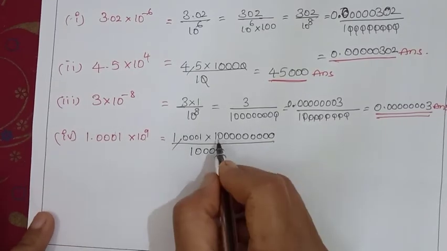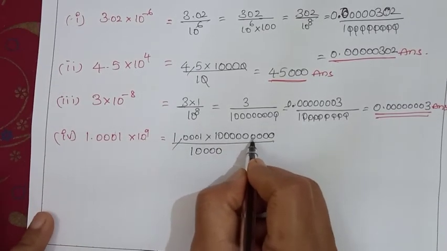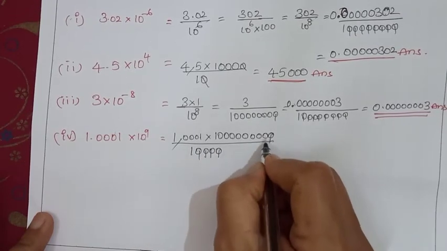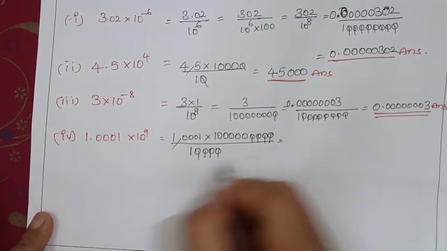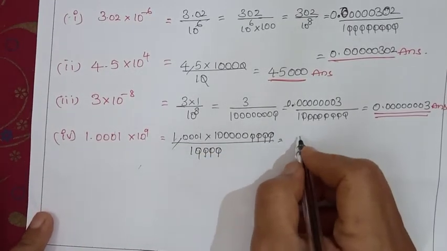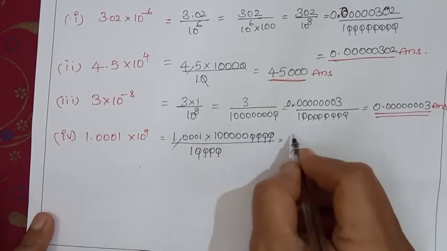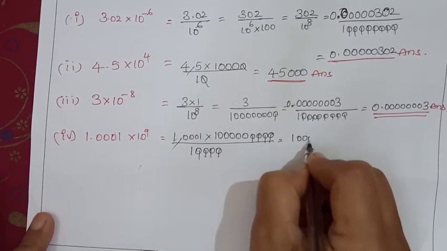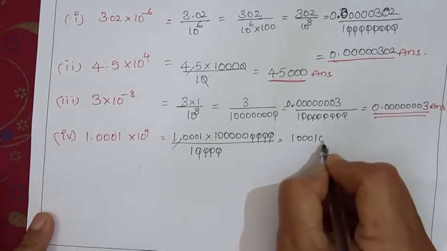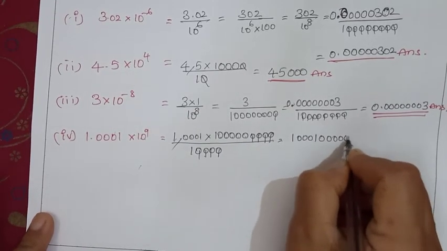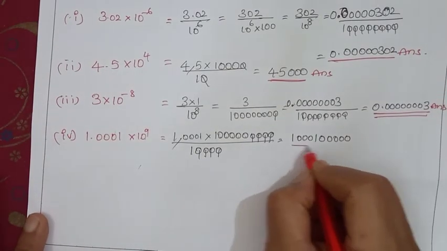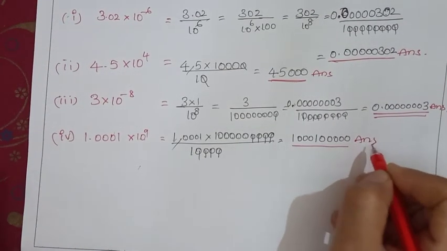Okay, 9 zeros. I just removed. Okay, now how much is the value? 1 0 0 0 1 after 1, 2, 3, 4, 5 zeros. Okay, children? Okay, this is our required answer.